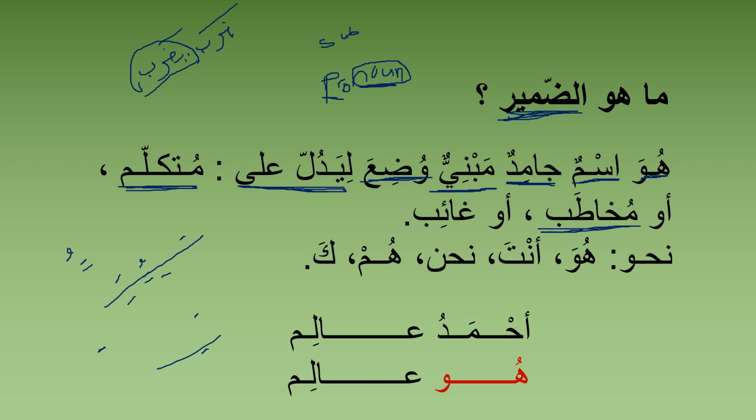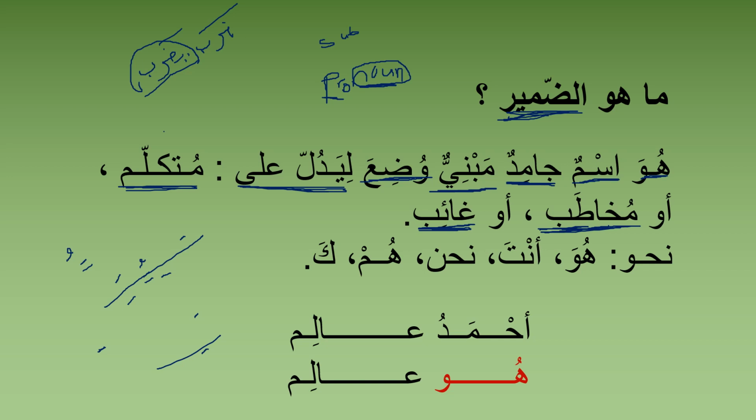So the addressee or the addressed, mukhatab, the person you are facing, you are talking to, you guys, you girls, things like that. So you are addressing. Aw gaib, or the absentee, the third person. So it is used to refer to the first person, which is mutakallim, the speaker, or the addressee, which is mukhatab, or the absentee, which is gaib.